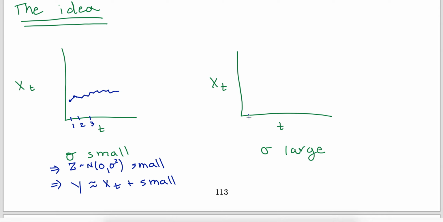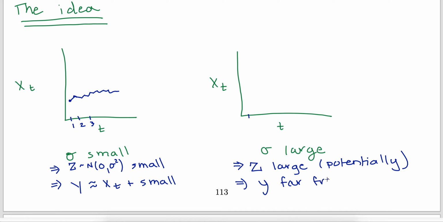On the other hand, if sigma is large, then z, my random error, could be large. It doesn't have to be, but potentially I could generate a random error really far out, which means y, my proposed value, could be far from where I currently reside.